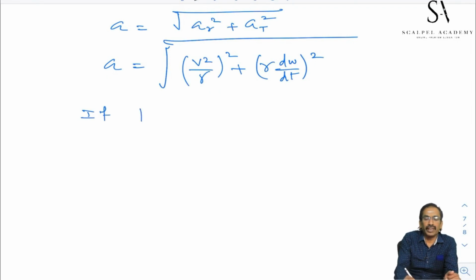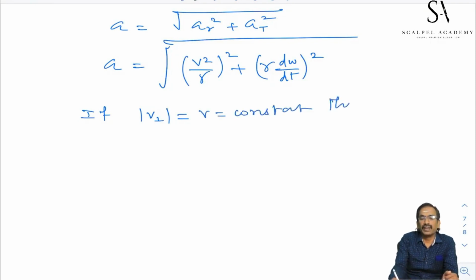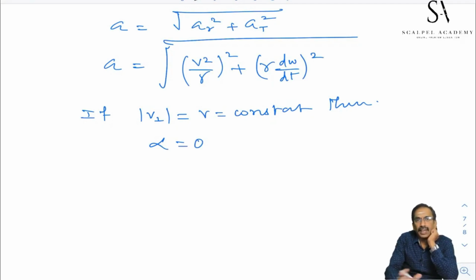If the magnitude of tangential velocity is constant, then alpha is equal to 0. Therefore, it will have only radial acceleration, AR is equal to v square by r only.